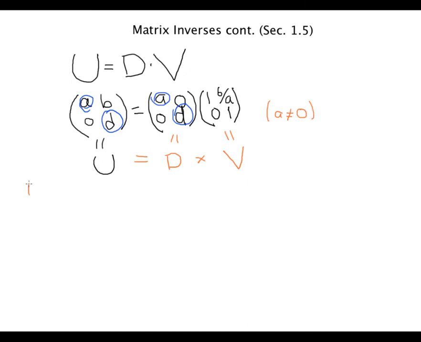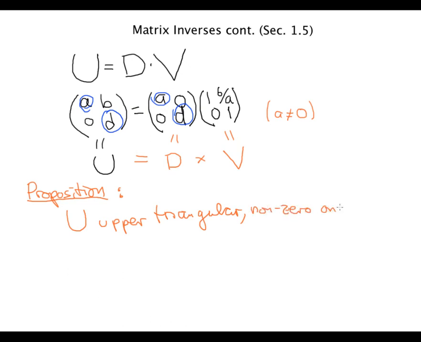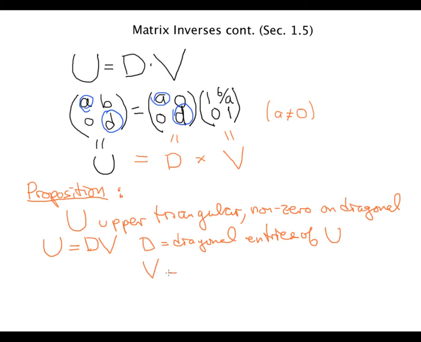And so it's an easy proposition to see that if U is upper triangular, and has non-zero entries on the diagonal, then you can write U is equal to D times V, where D is simply the diagonal entries of U, and V is special upper triangular.